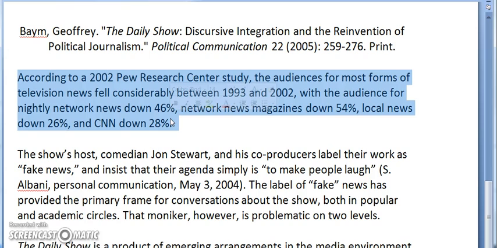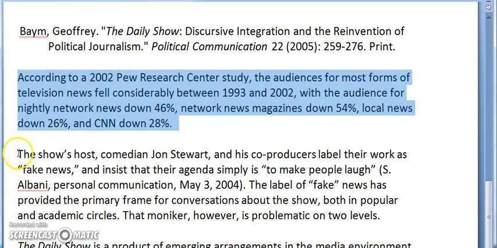This, to me, is a background source. The Pew Research Center is a fairly well-known, well-established research center, and these numbers are being presented as facts that the writer believes, and facts that the writer expects you to take at face value.